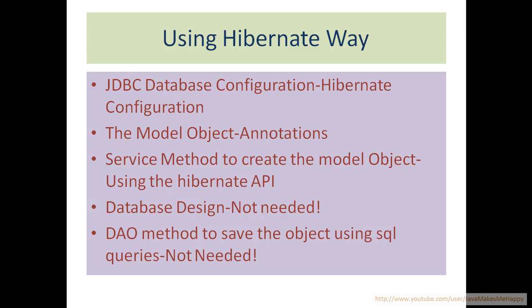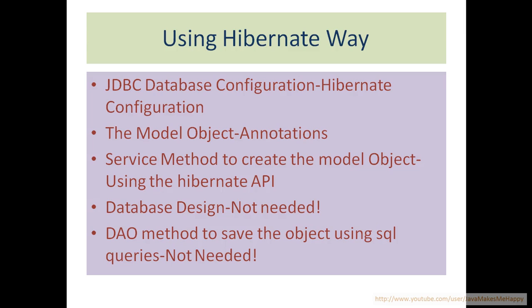Now for the creation of the model object, you have to use Hibernate annotations. You will get to know more about these annotations in the subsequent tutorials. So the model object has to be created and annotations are needed.